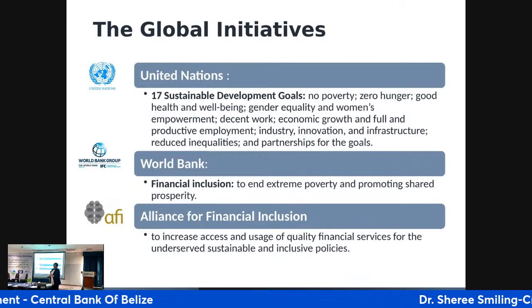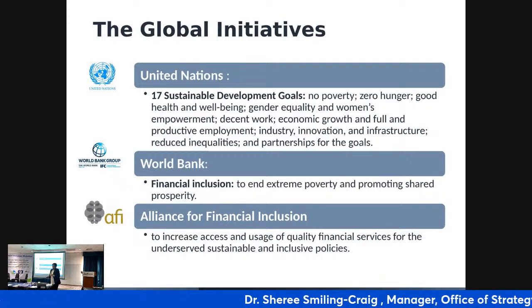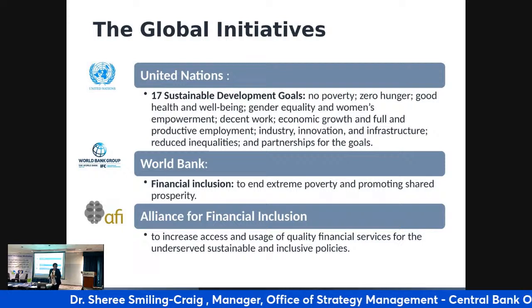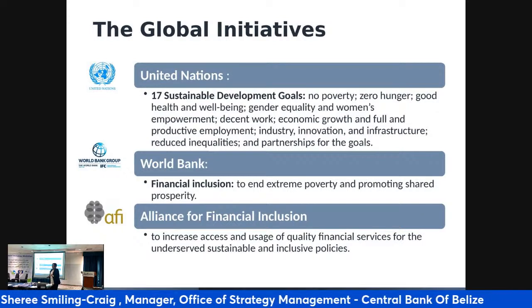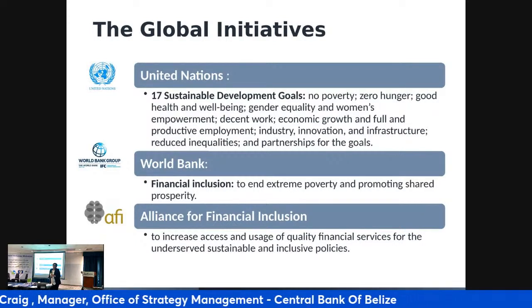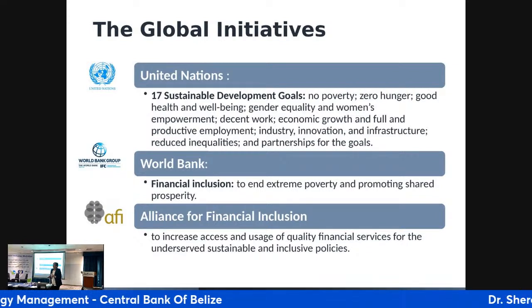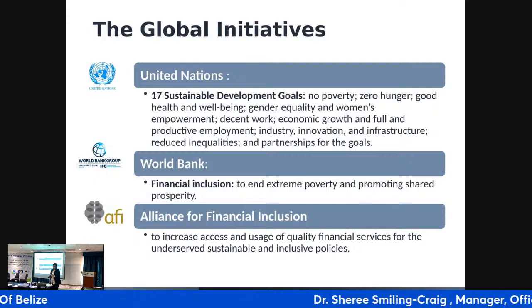And these goals are no poverty. Imagine a world with no poverty. Zero hunger, good health and well-being, and gender equity. These are things the United Nations has been striving for, and globally a lot of countries are doing the same.